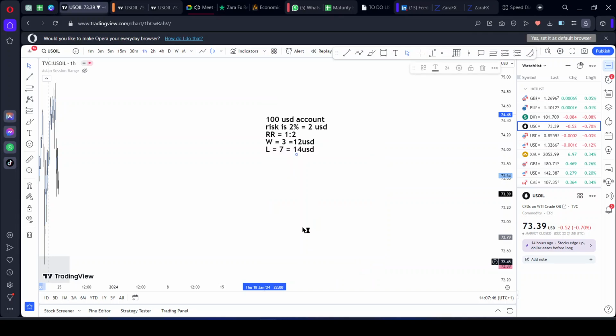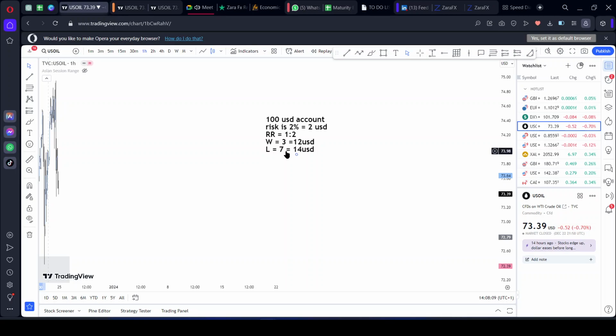So for this account size, I'm trying to do the math as well. I took 7 losses, but I ended up losing just $2 from my capital. After this massive loss, you see that at the end of the day, all that I lost was just 2% of my account.